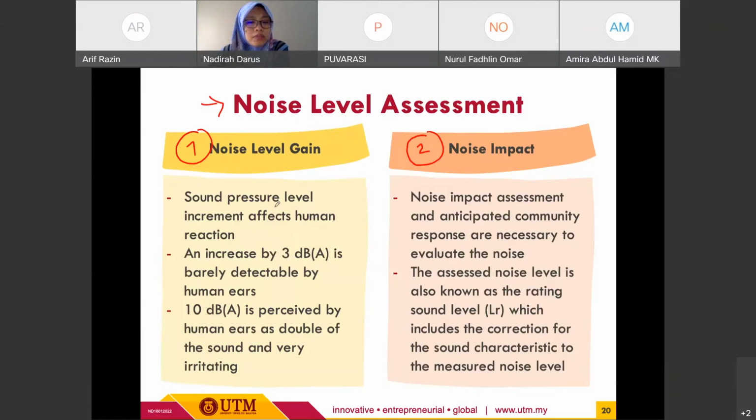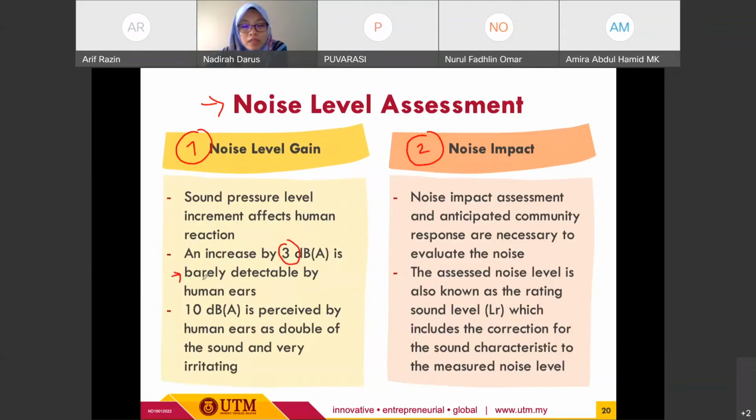So for the first component or criteria for noise level assessment, as we know, if there is an increase of sound pressure level, it will affect human reaction. Okay. So kita akan aware, kita akan rasa affected once there is an increment in sound pressure level, especially if the increment is quite high. It is mentioned that an increase by 3 decibel is very detectable by human ears.